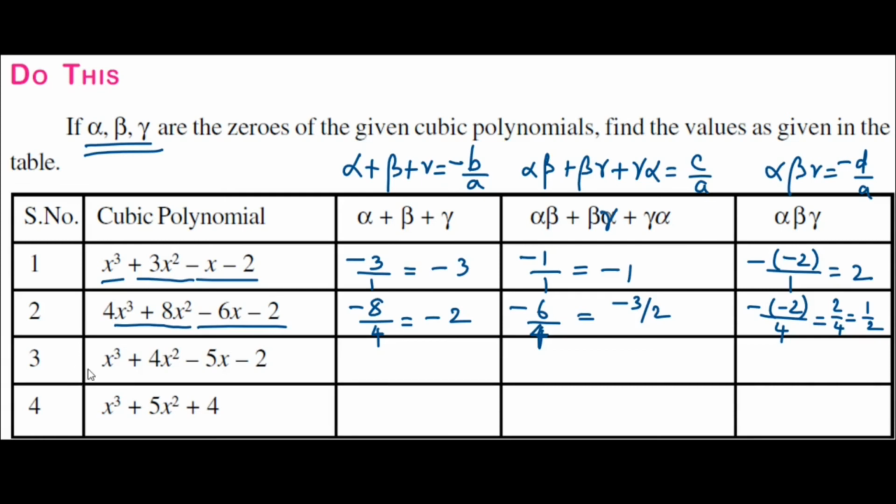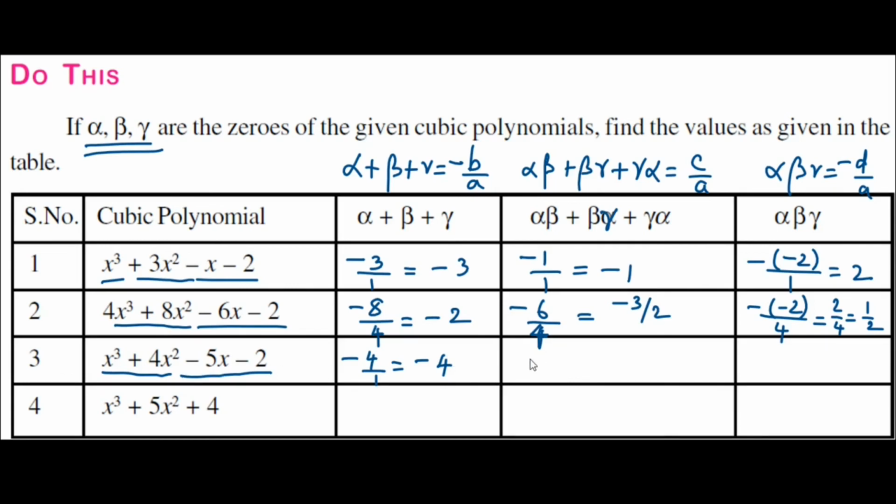And the third cubic polynomial is x cube plus 4x square minus 5x minus 2. Alpha plus beta plus gamma is equal to minus b by a. Here b is 4. So minus 4 by 1. This is minus 4. Alpha beta plus beta gamma plus gamma alpha is equal to c by a.